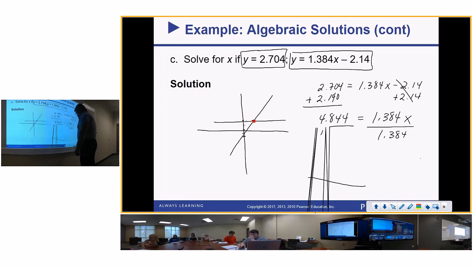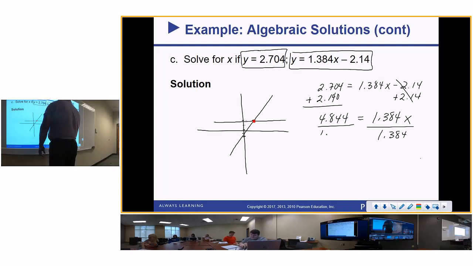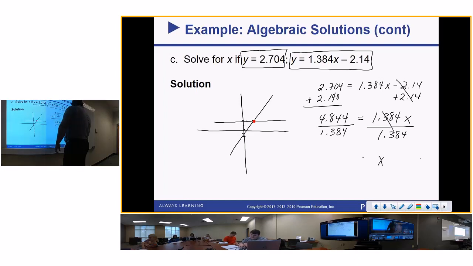It's the Russian. So I told you that sub had something to do with the Russians. Divide by 1.384, and x is equal to, somebody give me that number. 3.5. Has everybody got 3.5?